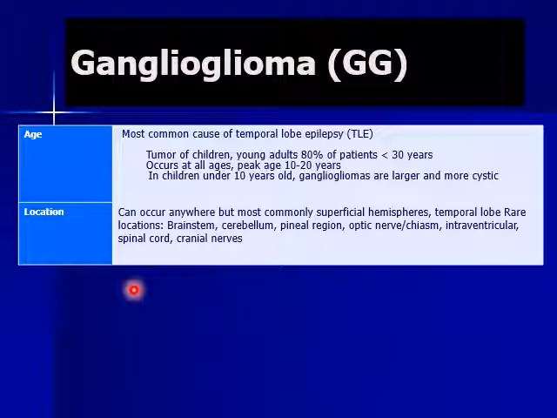It can occur anywhere, but most commonly it involves the superficial hemispheres and temporal lobes, with rare locations such as the brainstem, cerebellum, and so on. So it is a lobar tumor that occurs peripherally, and it likes the area of the temporal lobe, and as you see, it is the most common cause of temporal lobe epilepsy.